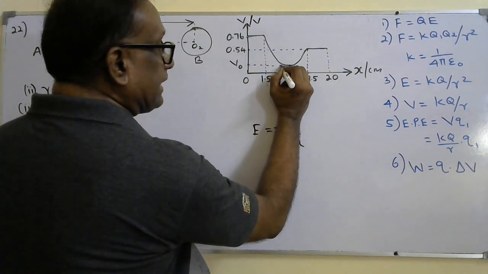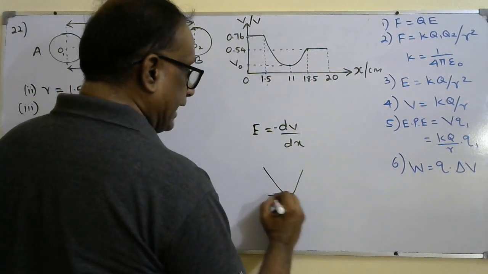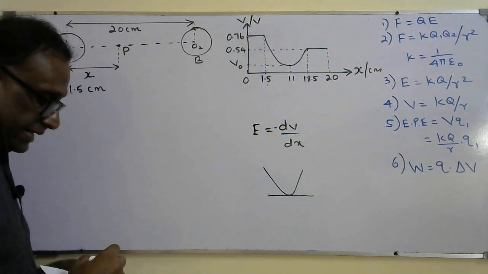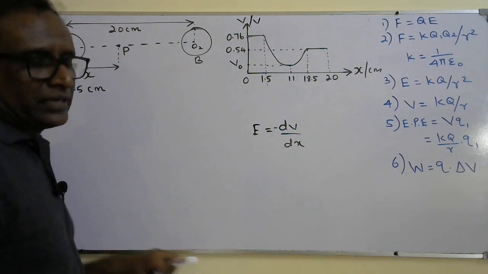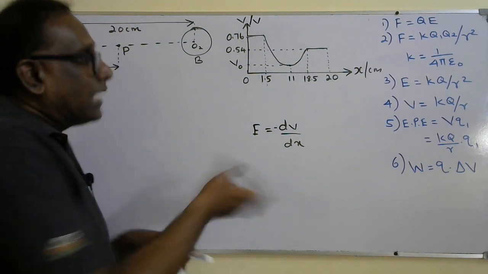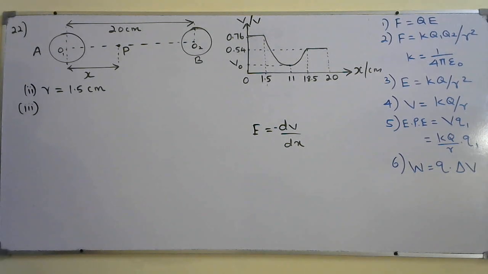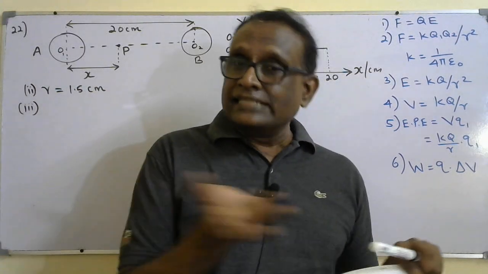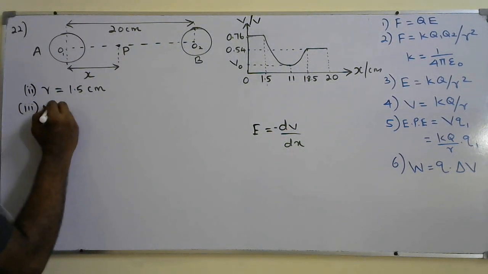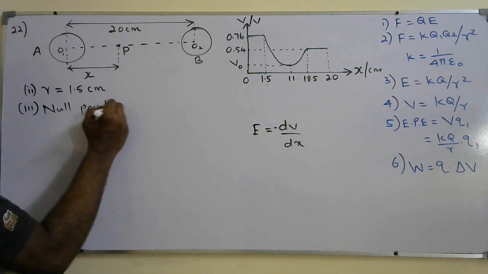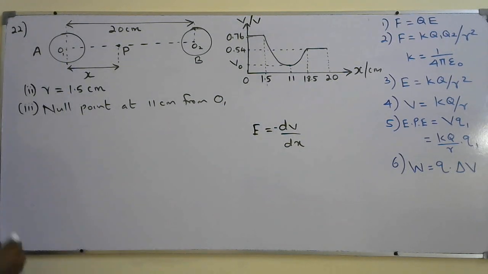If I draw a tangent here, the gradient will be 0 because it's a lowest point; the tangent will be horizontal. So the null point is at a distance of 11 centimeter from O1.